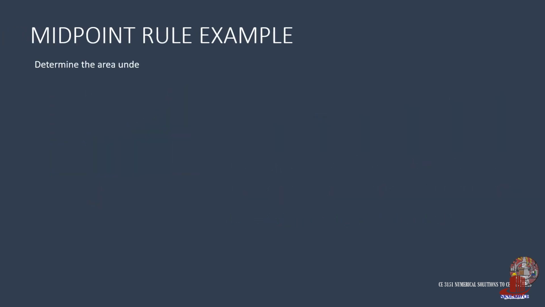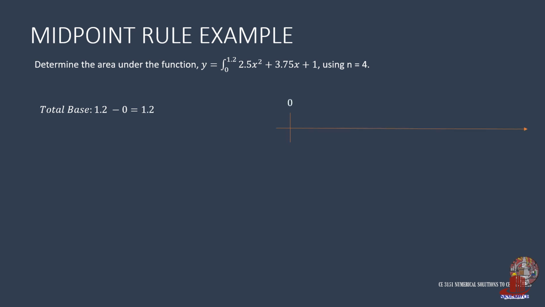A short example of the method involves the area below the curve described by the integral of 2.5x squared plus 3.75x plus 1. The area is bounded from 0 to 1.2, and the solution requires 4 strips. Using the limits, the total base of the total area is then 1.2 less 0, which is 1.2.